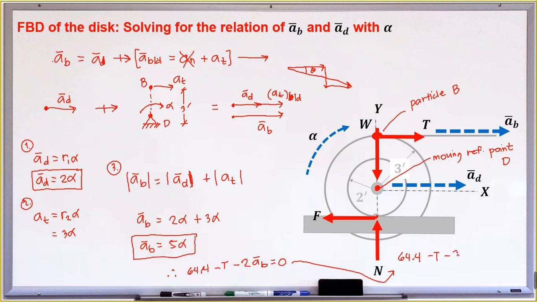So that would be minus 2 times 5 alpha, which is 10. So therefore our first equation changes into 64.4 minus T, and then minus 10 alpha. That is equal to 0. Again, this is the modification of our first equation. Now, it has a minus 10 alpha. Okay? So, in the previous slide, we used the kinematic equations, not kinetic equations, kinematic equations.